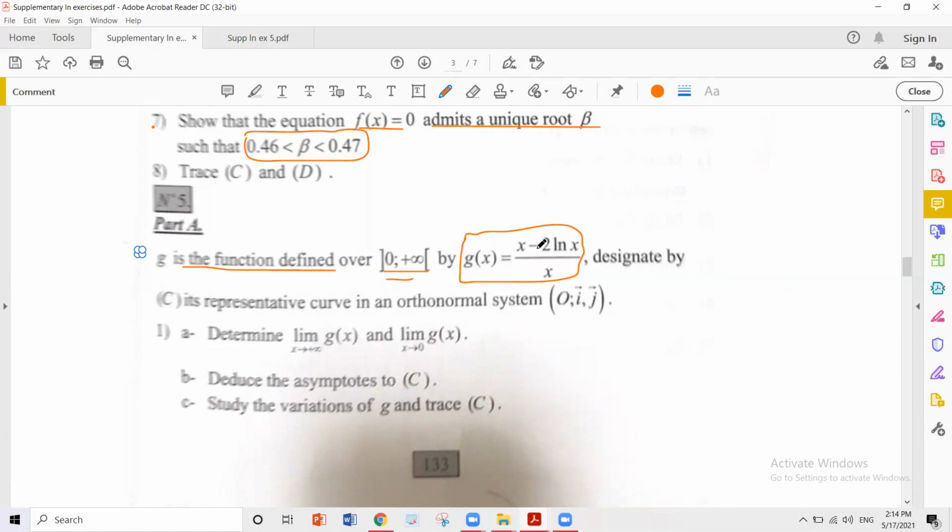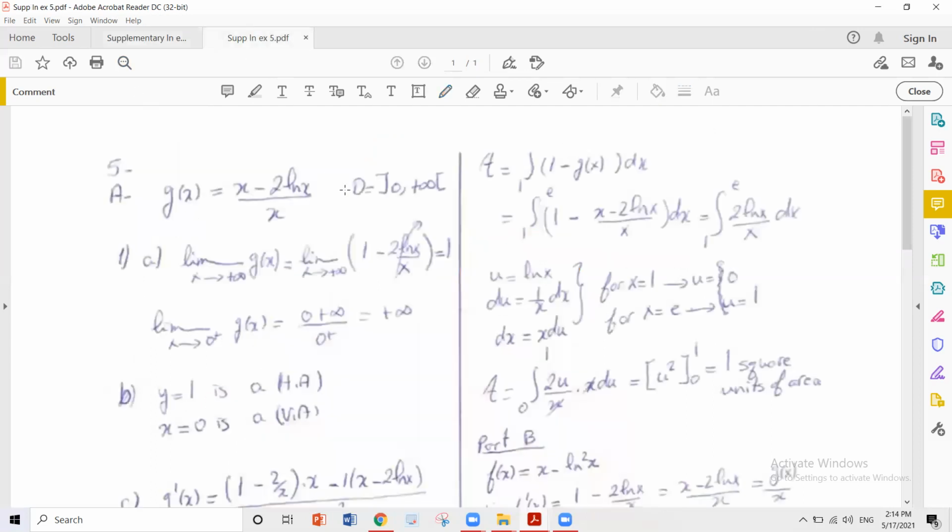It is indeterminate. So what do we do to make it determined? We say limit as x tends to plus infinity of g(x). I can write it like that: the limit of x over x, which is 1, minus 2 ln x over x.